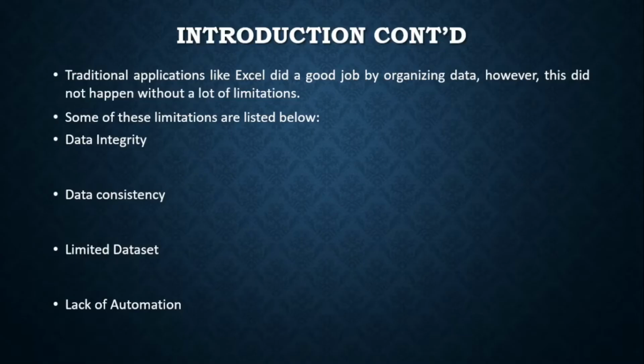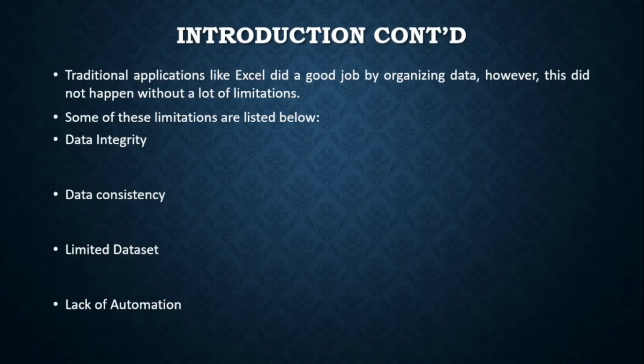Another limitation of Excel is the issue of data consistency. Now, you cannot make a change on Excel and then it becomes visible to everyone in real time, assuming people want to access this data. Okay, it cannot be visible to everybody in real time. And then there's the issue of limited data set.